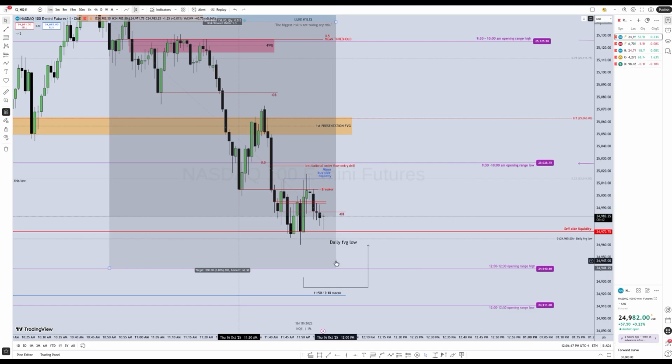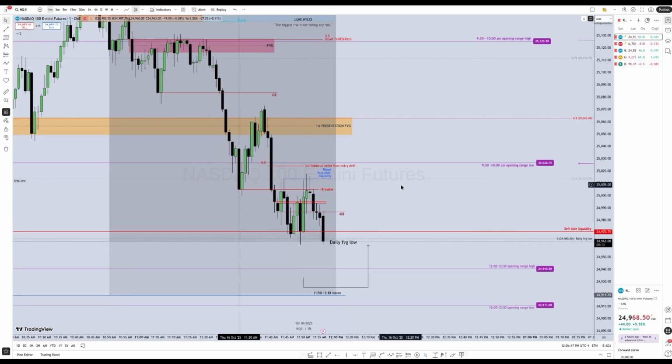I'm expecting closures below that. So my take profit has been extended from the 12 p.m. to 12:30 opening range high to almost the lower quadrant of that range. My market rallies lower. I expect closure below the daily fair value gap low, just like that.